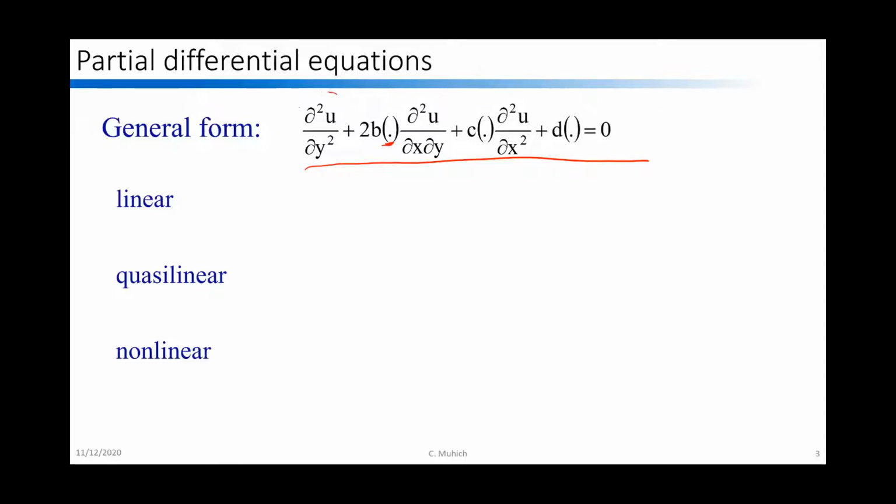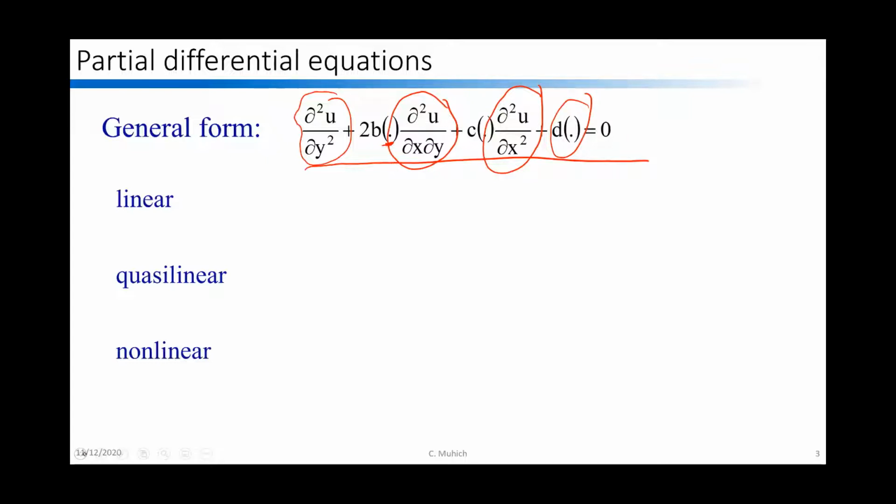Notice that we have this second derivative with y, the second partial derivative with x and y, and then this second derivative with respect to x. And then this d sitting out here has no second derivative dependencies.